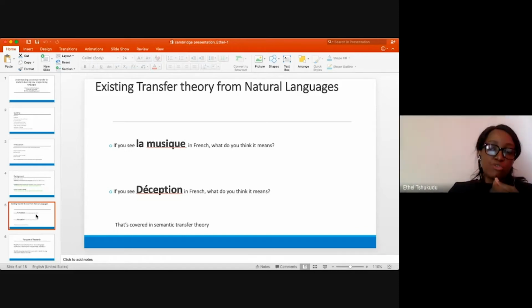So, we have lots of psychology research that talks about how people understand things based on similarities. So even in natural languages, when people learn, apparently there's cross-linguistic similarities by Ringbom. When people learn new natural languages, sometimes they use their existing knowledge of a language to try to understand the new language they're learning.